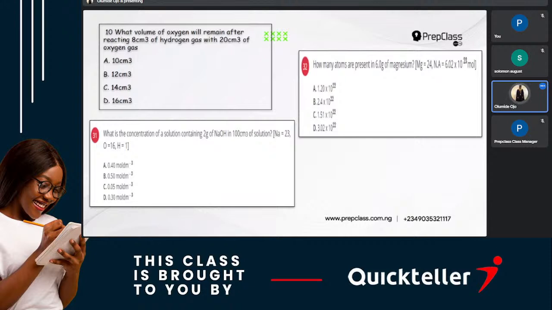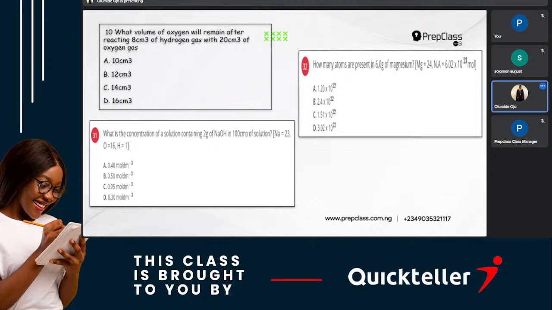So cross multiply: 1000 times 0.05 over 100. The zeros cancel, so that would be 10 times 0.05, which is 0.5. That will be 0.5 mole per dm3. That's option B. Do you get that? Yes, sir.